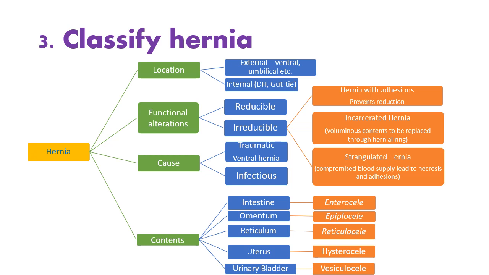Irreducible hernia is again divided into three types: hernia with adhesion, incarcerated hernia, and strangulated hernia. Then on the basis of cause, it may be traumatic or infectious, and on the basis of content, it may be intestine, omentum, reticulum, uterus, and many more.